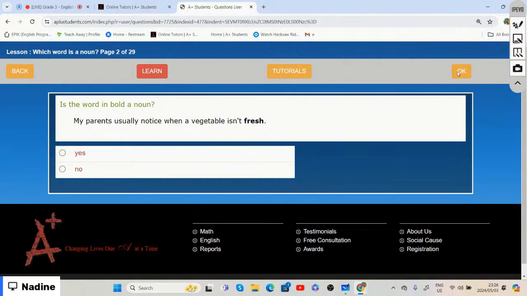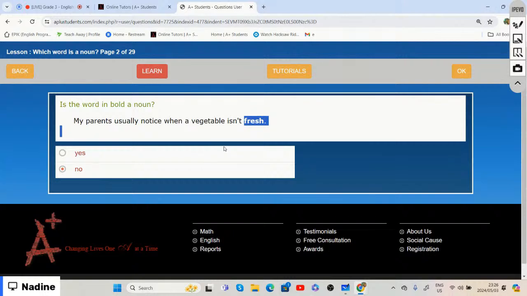All right, so let's rather say no, right? But usually fresh would be an adjective, because it will basically tell us more about the noun. Fresh fruit, fresh vegetables, right? Fresh something.